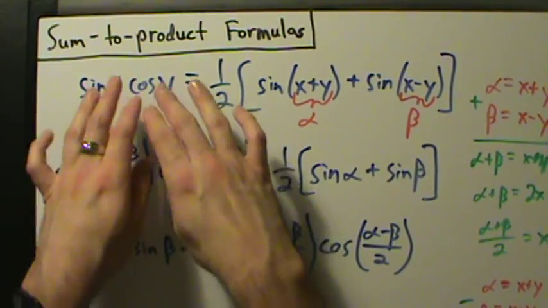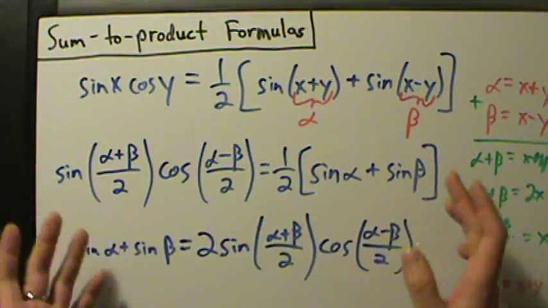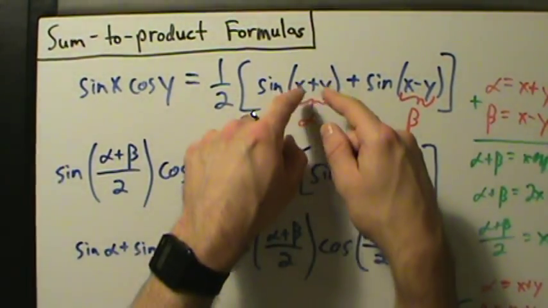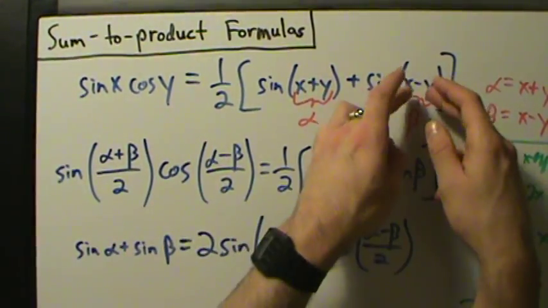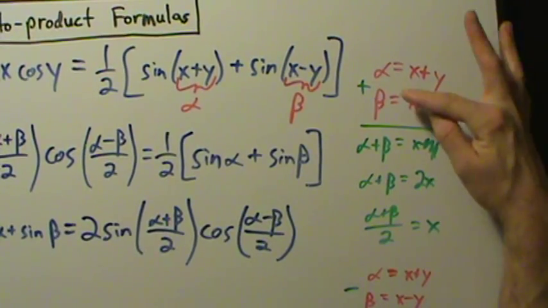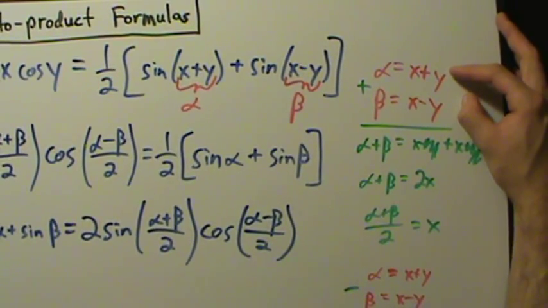Okay, so then once we use our x and y's or whatever else we want to use, then we say, okay, I want eventually sine of alpha plus sine of beta, so let me take this expression in here and call it alpha. Let me take this expression in here and call it beta. This is what I get. Alpha equals x plus y, beta equals x minus y. Now that's a system of two equations, technically speaking, in two variables, x and y.